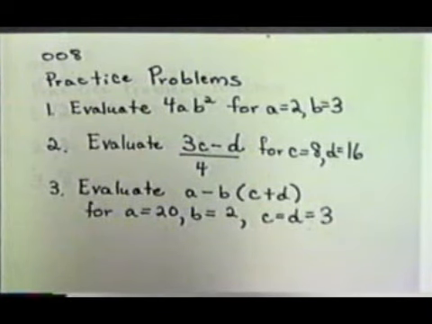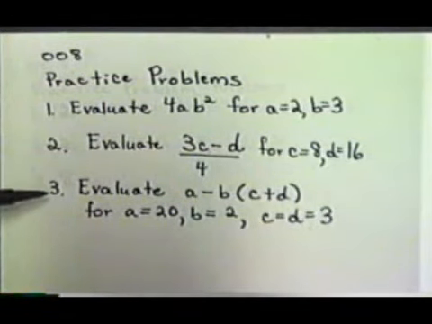I'd like for you to do some practice problems. The first one, evaluate 4ab squared for a equals 2, b equals 3. The second one, evaluate the expression 3c minus d over 4 for c equals 8, d equals 16.